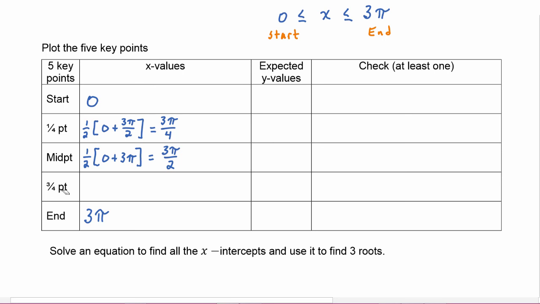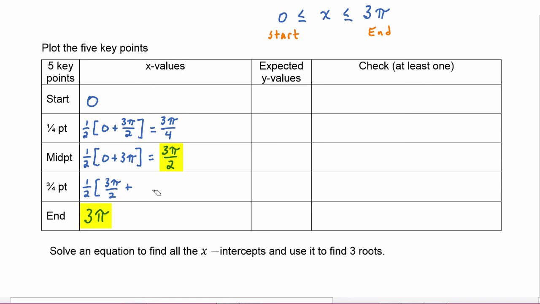The only one left to find is the fourth point, which is the 3/4 of the way point, and it will be the midpoint between the midpoint and the end point. So we'll add those up and divide by 2. So 1/2 of 3 pi over 2 plus.